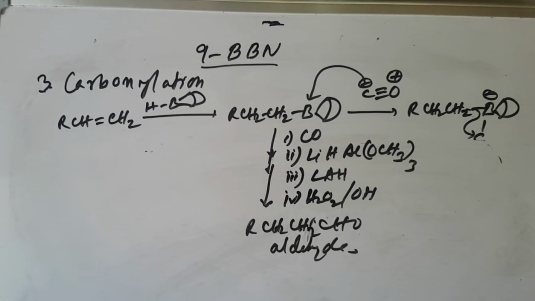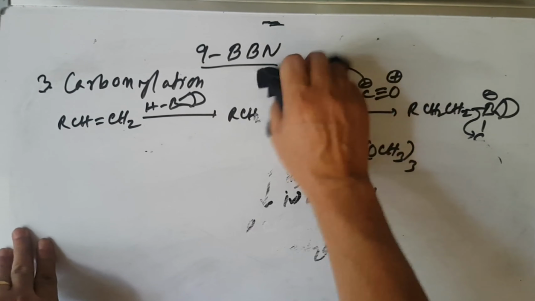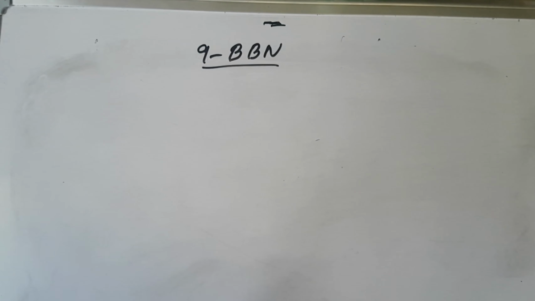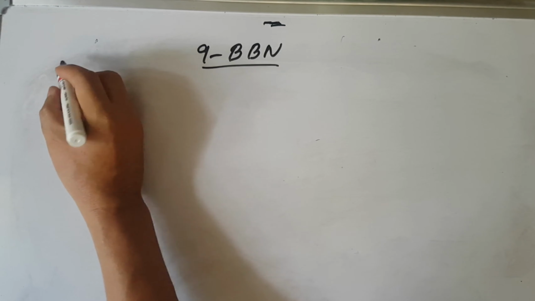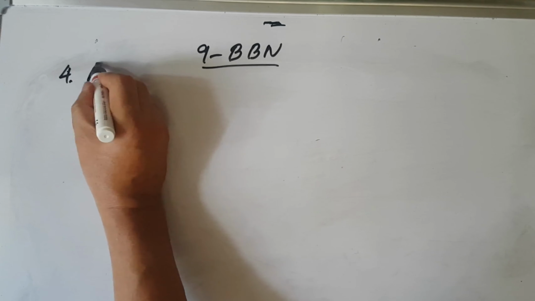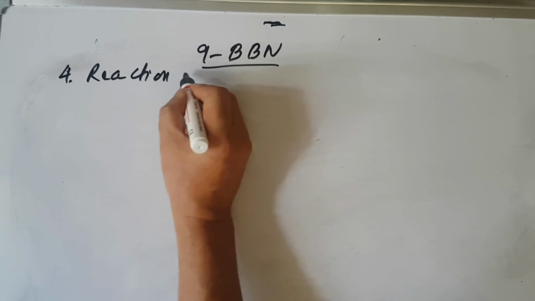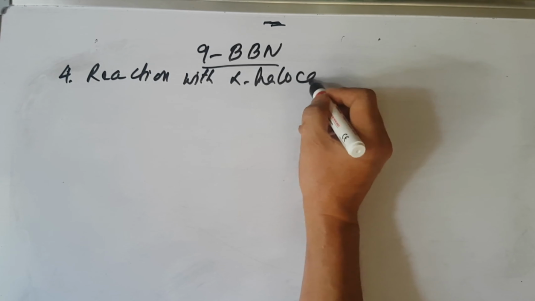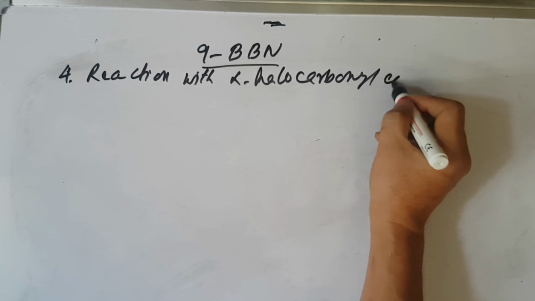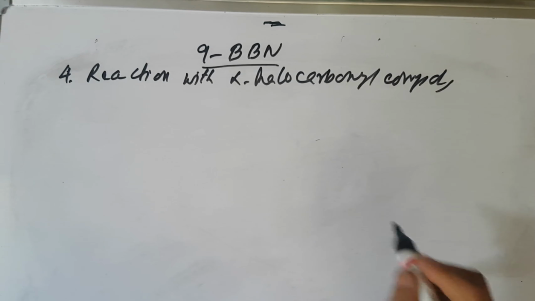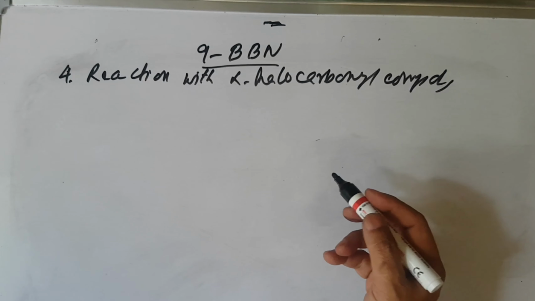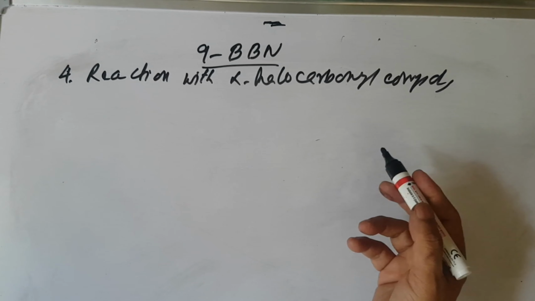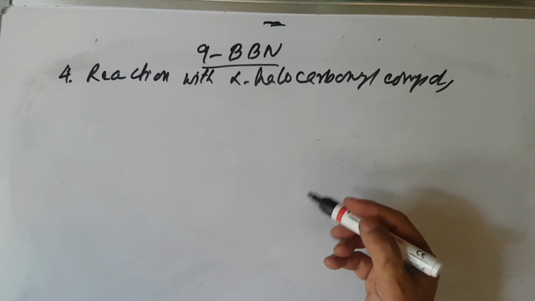So finally, this alkyl boron from 9BBN can be obtained by reaction with alpha halo ketones. Okay, reaction with alpha halo carbonyl compounds. So there are many alpha halo carbonyl compounds like alpha halo ketones, alpha halo ethers, alpha halo esters like this.